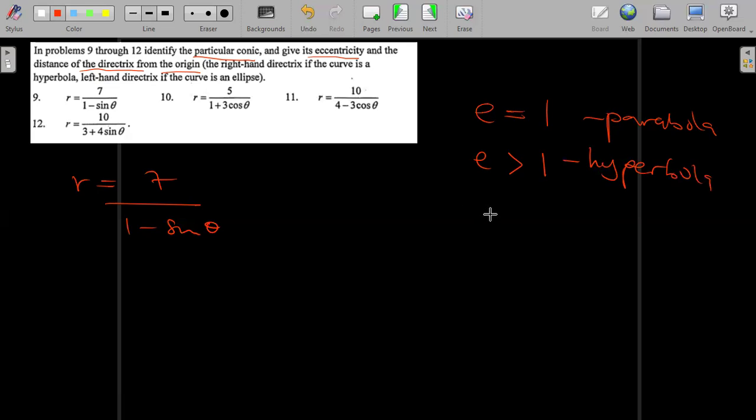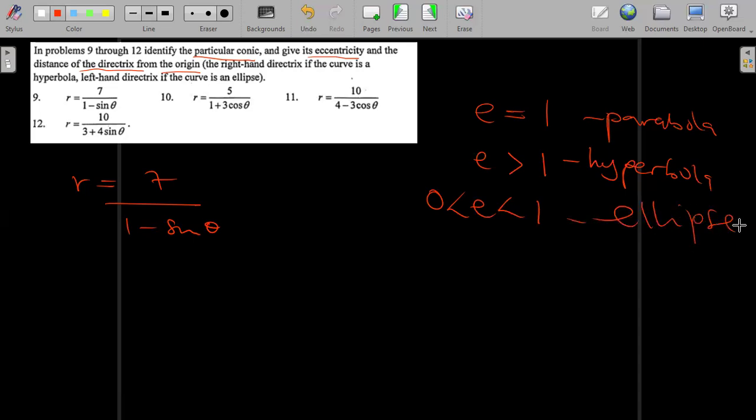When your eccentricity E is in between 0 and 1, this gives you an ellipse.